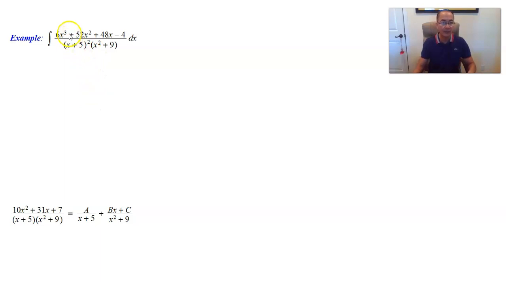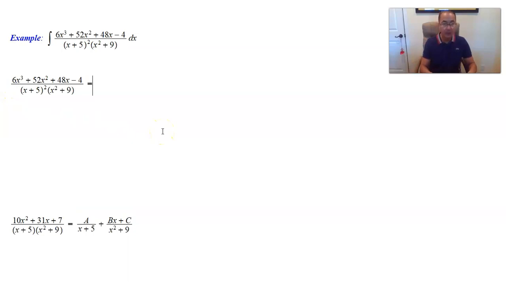What are we going to do in the decomposition, in the partial fraction expansion? So we have an x plus 5 squared here. When the power is more than 1, it means you have that many terms. So you're going to have an x plus 5 term, but you will also have a square.